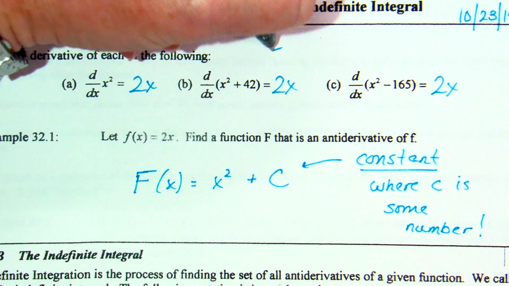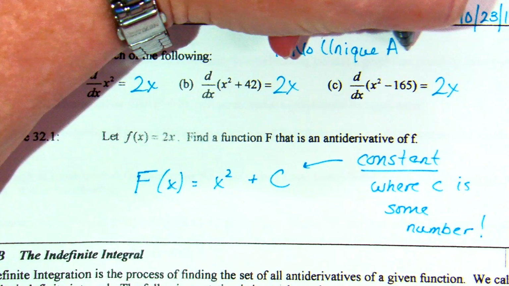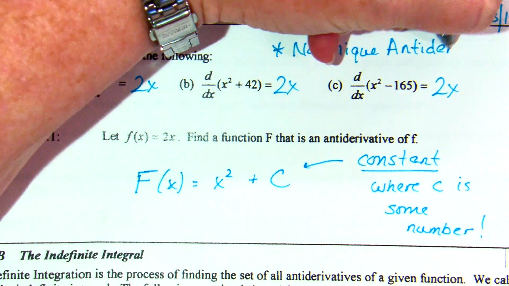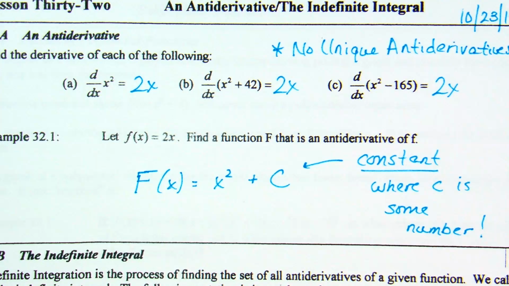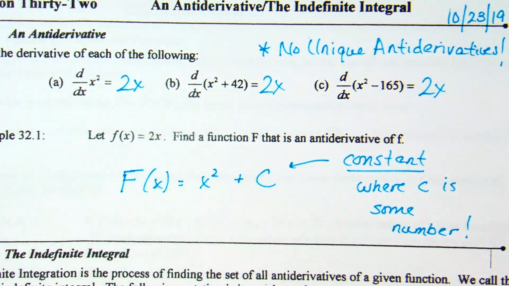So, no unique antiderivatives. Well, because it's x squared plus C. That C could be lots of different things. It's just not one unique answer.